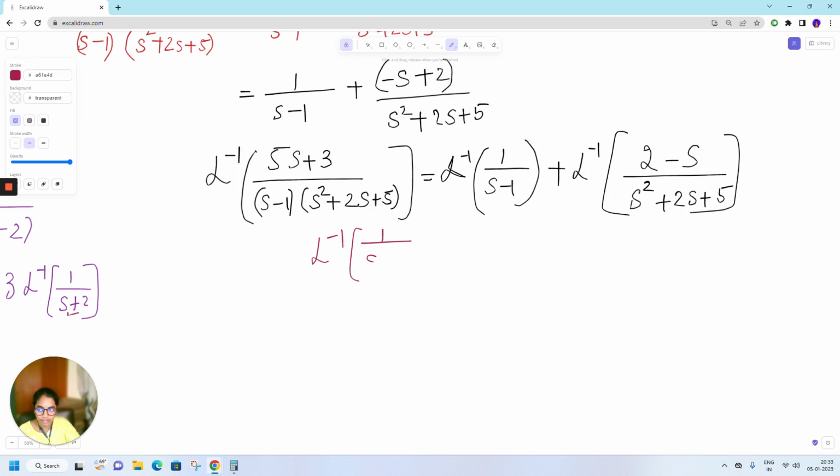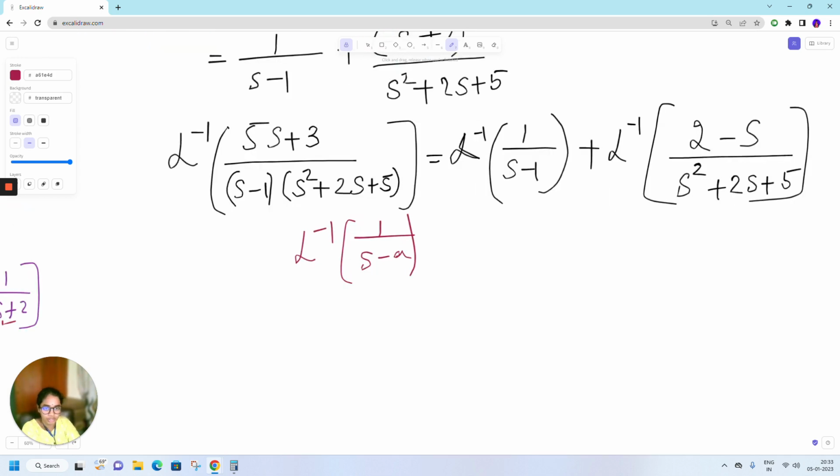It is e to the power at. So the first term, the Laplace inverse of 1 divided by s minus 1, would be e power t itself.